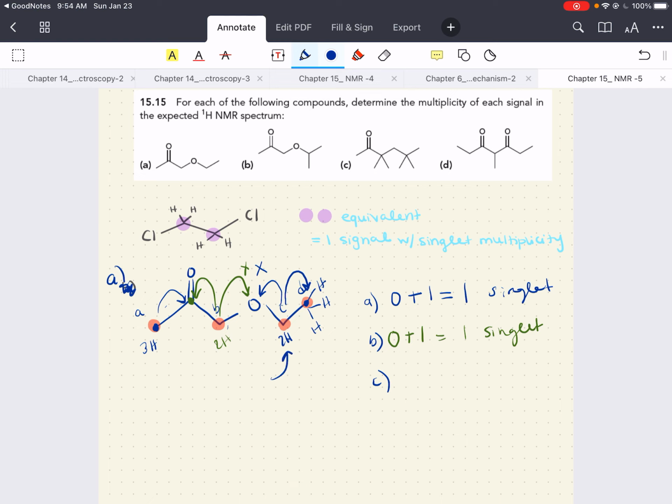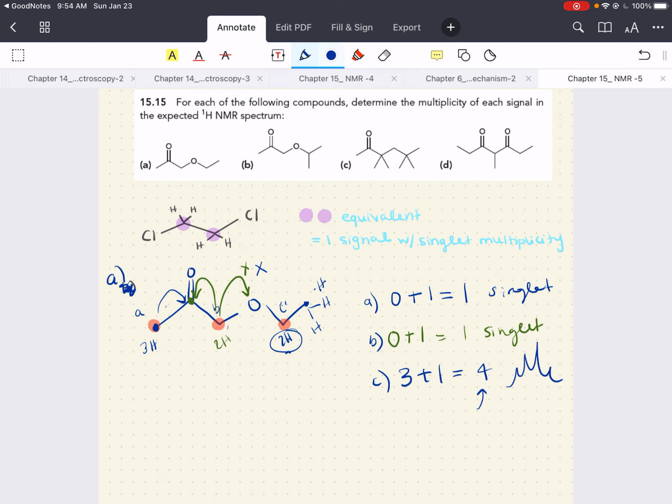This position has 3 neighboring hydrogens, and then we do the +1. So the signal multiplicity for the hydrogens at position C is going to be 4. The peak splitting is going to be a quartet for the 2 hydrogens there.